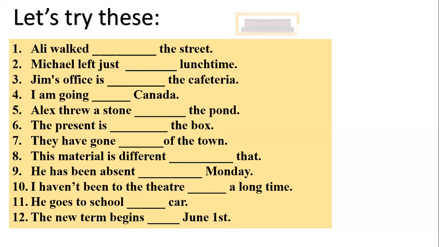Now, if I say Ali walked on the street, will that be incorrect? Or if I say Ali walked in the street? Across is the most appropriate one. Your answer is 100% correct, but I'm just asking. If instead of saying Ali walked across the street, I say Ali walked on the street, how many of you think it will be right and how many of you think it will be wrong?